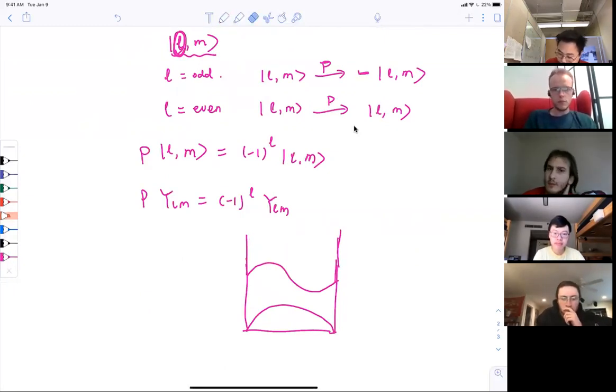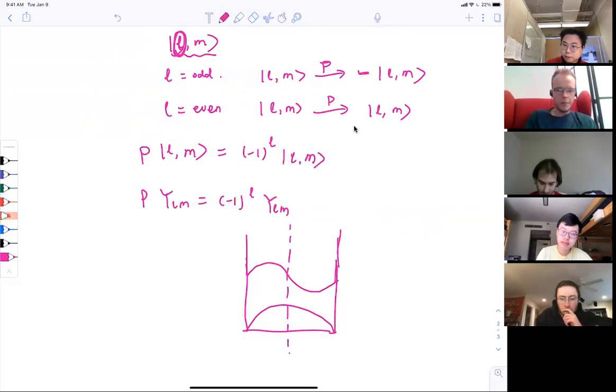So basically you can say the parity of the wave function switches when you go from even number to odd number, from odd number to even number. You can see the pattern here, right? Similarly, in the orbital case, also the same.